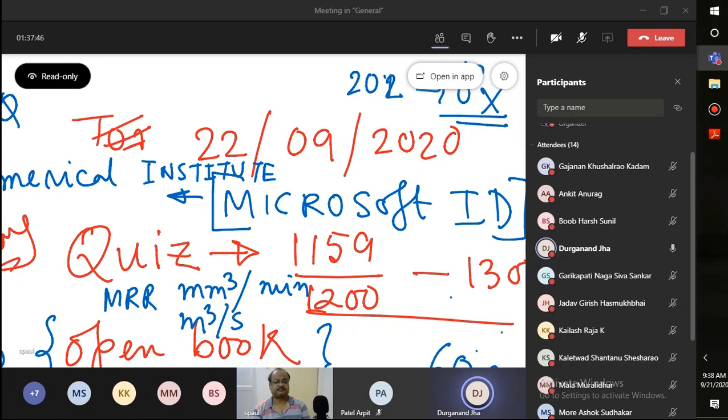The user ID is our institute email ID, and the password is the Wi-Fi password set up inside the campus. After that, you can give the online test. This is the simple way.